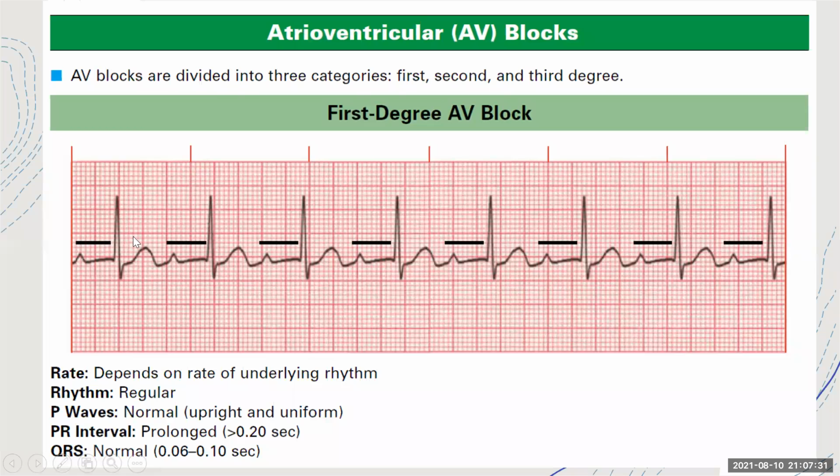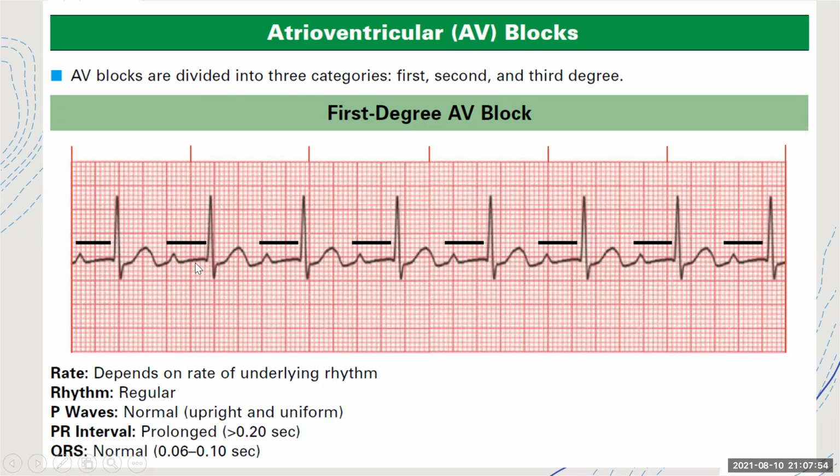And then the P wave. If you can see here, the P wave is normal. But if you see the distance between P and this Q wave, do you think this distance is normal? No. Of course not normal, because it should be 2 or 3 boxes. Now if I calculate, 1, 2, 3, 4, 5, 6, 7, 8, 9 boxes are in between.